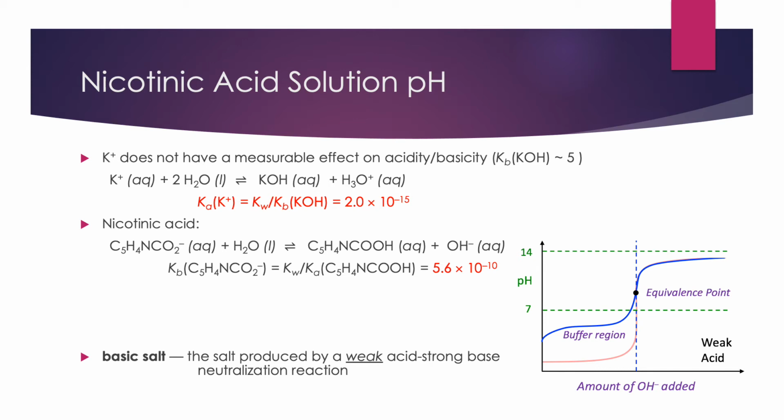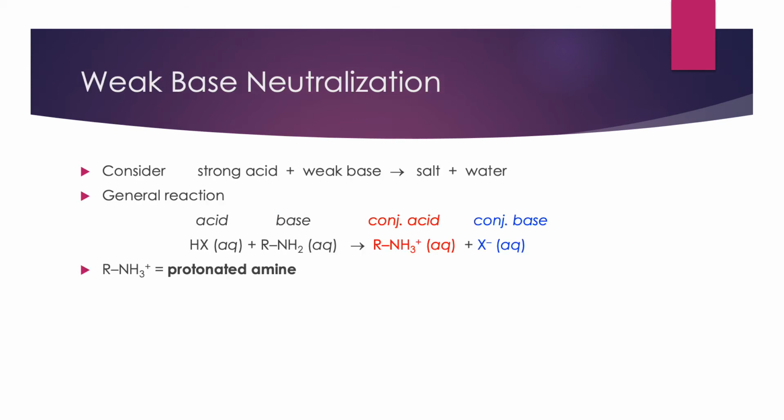So at the equivalence point, the only thing we have in the solution really is A-, the conjugate base of the weak acid. Notice where the pH is. The pH is above 7. So that stuff in solution creates a basic solution. And that's why salts that have that particular anion in them will form a basic solution when they are in water.